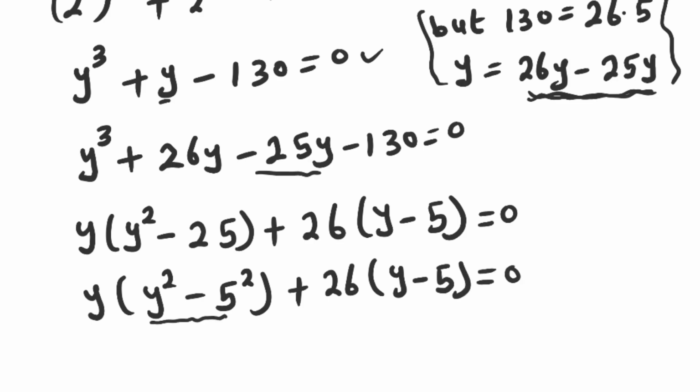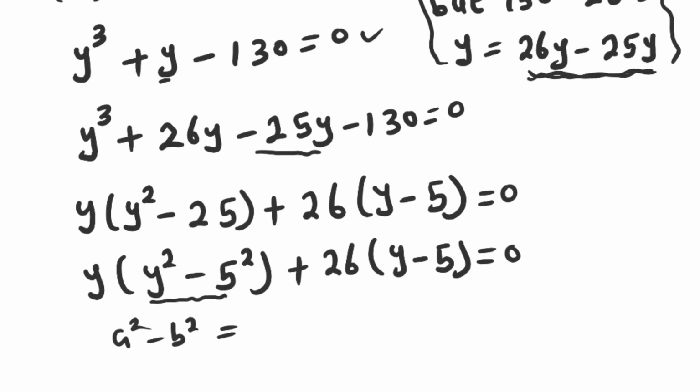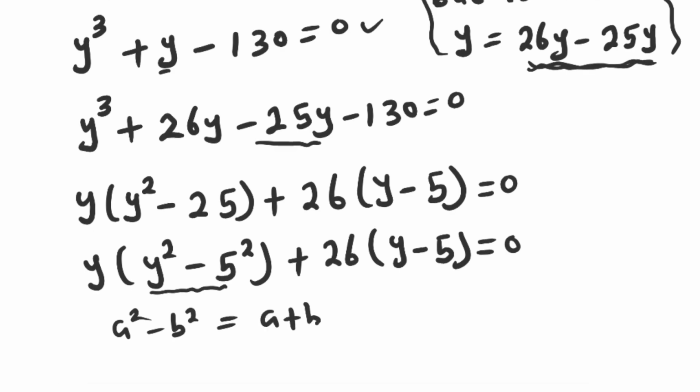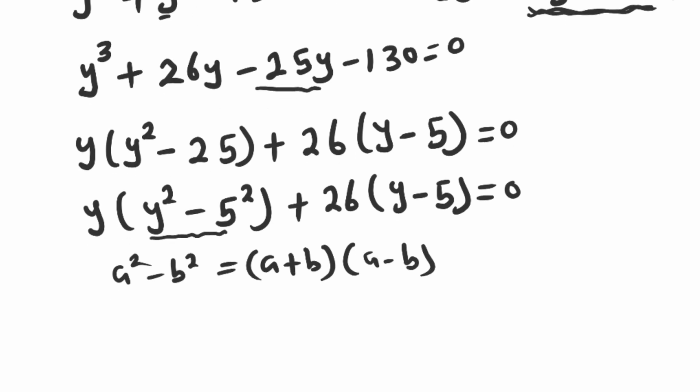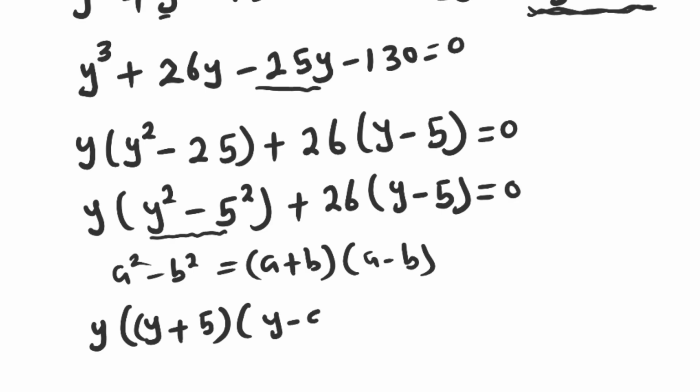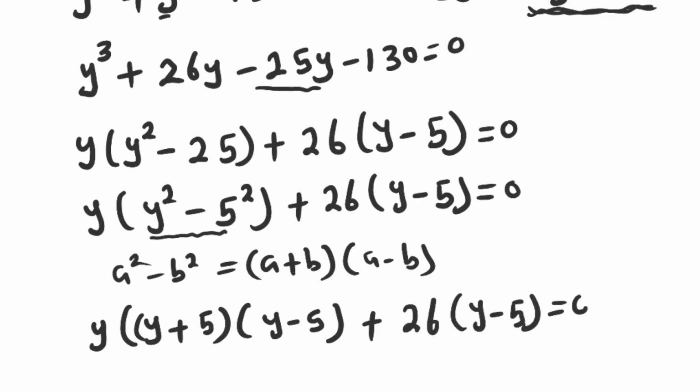Now if you look at this, it is in the form of a difference of squares. That is, if you have a square minus b square, this is equal to a plus b bracket a minus b. Then we have y bracket y plus 5 bracket y minus 5, then plus 26 bracket y minus 5 is equal to 0.